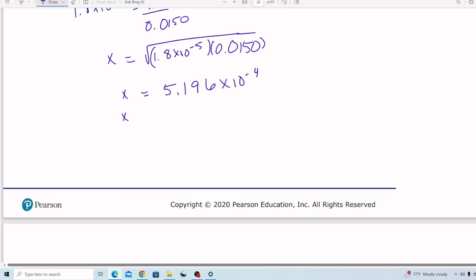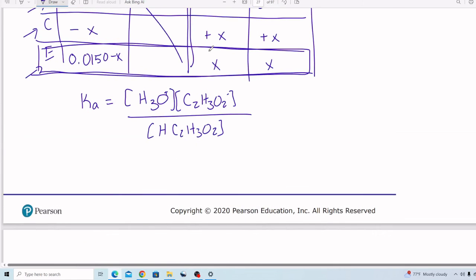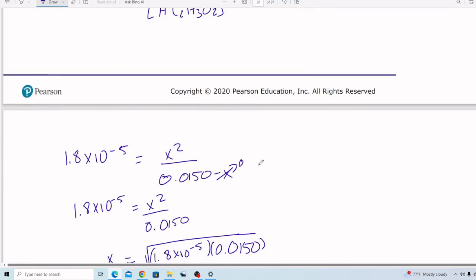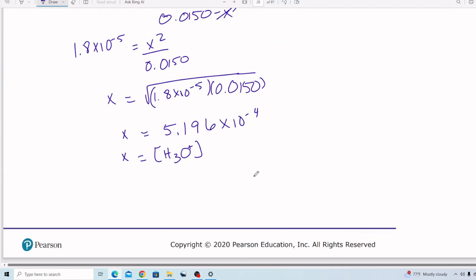So X represents our hydronium ion concentration. Remember from our equilibrium expression, X is the hydronium ion concentration, and it also represents the acetate concentration at equilibrium. But we don't care about the acetate. We only need the hydronium in this case because we need to be able to calculate the pH. So that's equal to 5.196 times 10 to the minus 4.